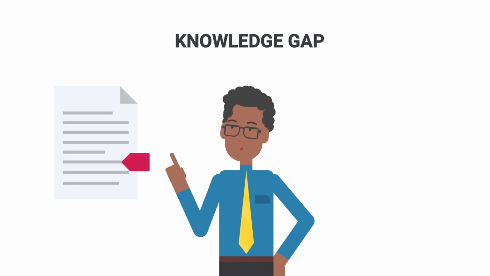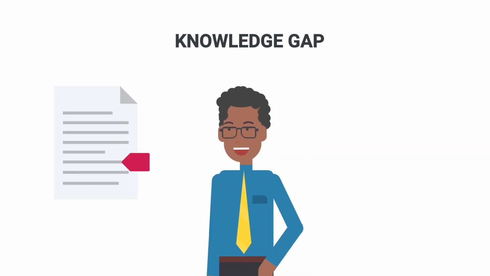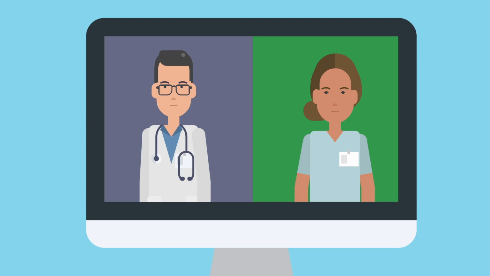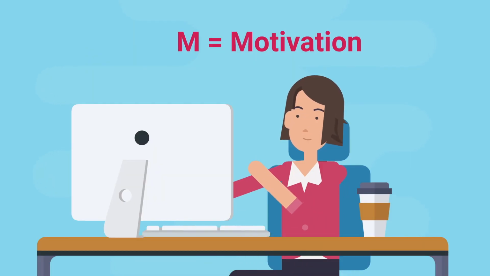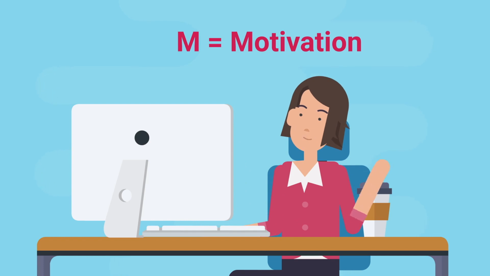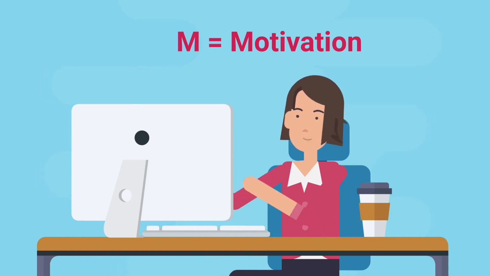Knowledge gaps can sometimes be solved by providing the right job aid, like a lookup table. We'll label those with a K. What about motivation barriers? Motivation problems are usually a side effect of environment, skill, or knowledge gap problems. Or it could be that you've got the wrong person in that job, which is a type of environmental problem.